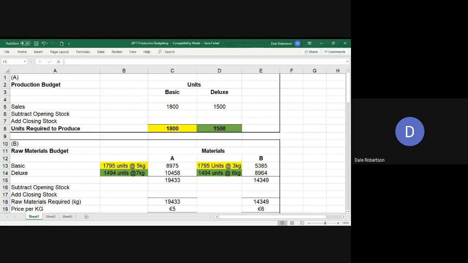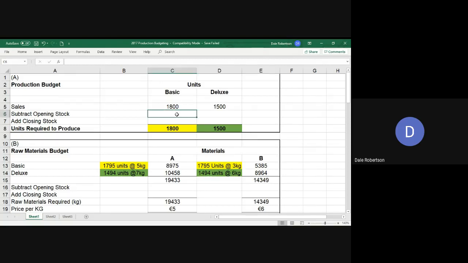Part A of the question asks you to do a production budget, which essentially is saying calculate how many of these things we need to make to satisfy our sales expectations. So therefore, you set it up a little bit like this, where you have sales with the basic. You intend to sell 1,800 basic products.